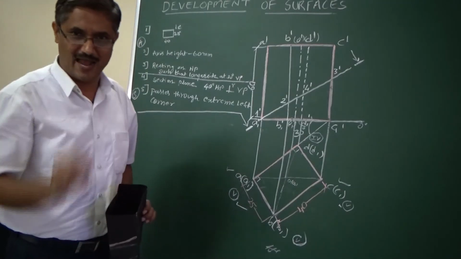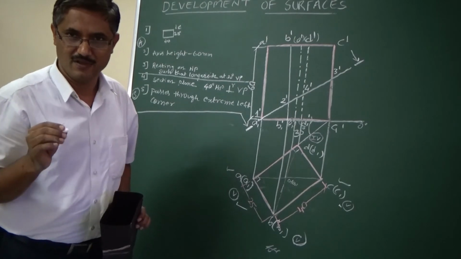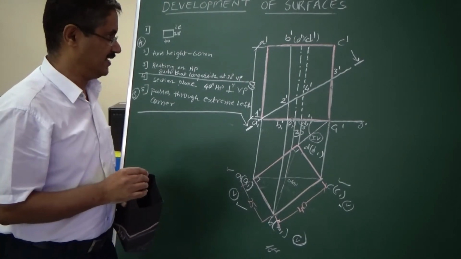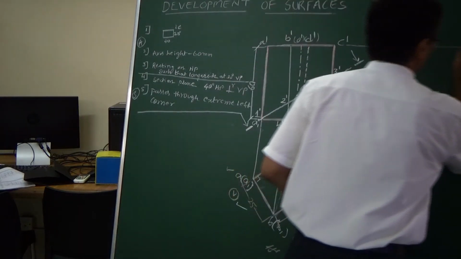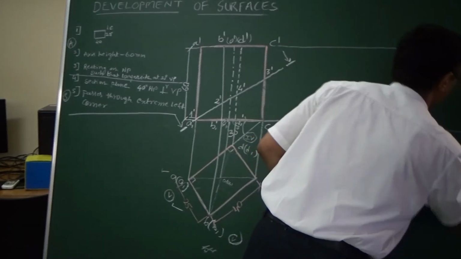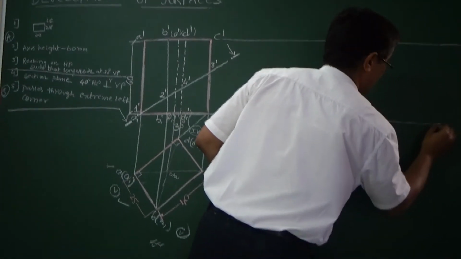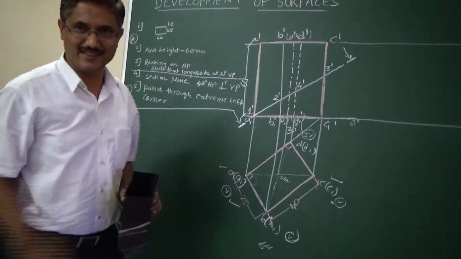Now in the Prism class, we use a method called the parallel line method. What this method is, you can just draw parallel lines from the top face and from the bottom face like this. Suppose you ask, sir, what should be the length of this?